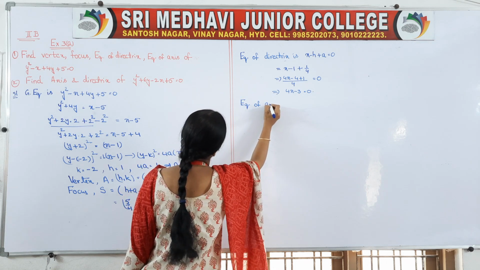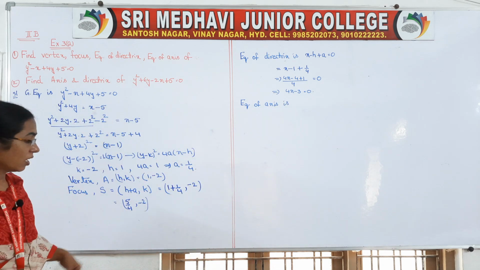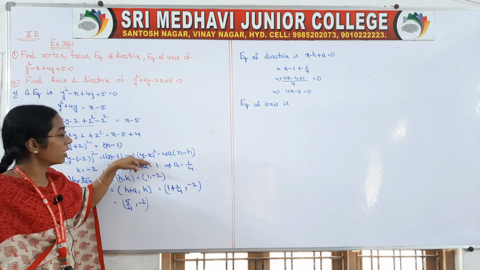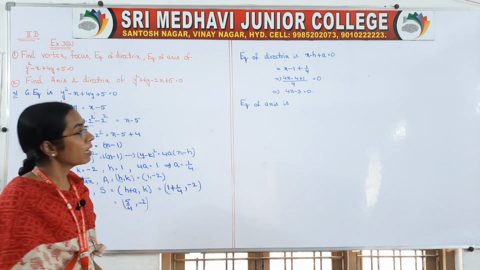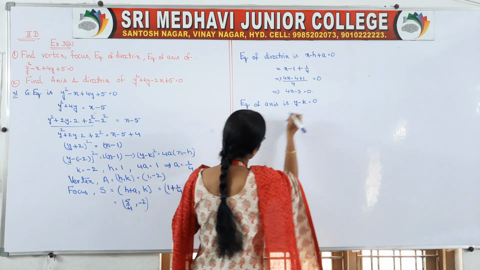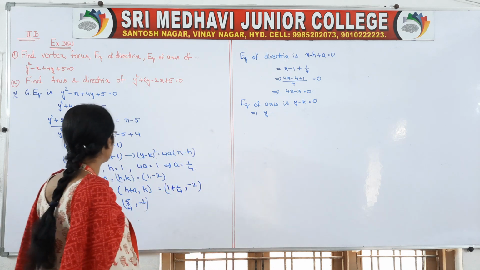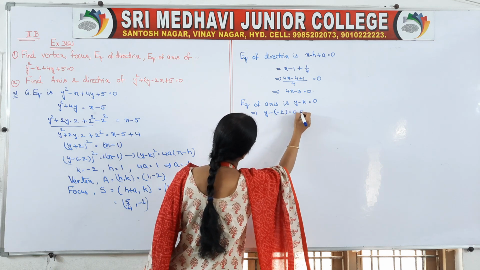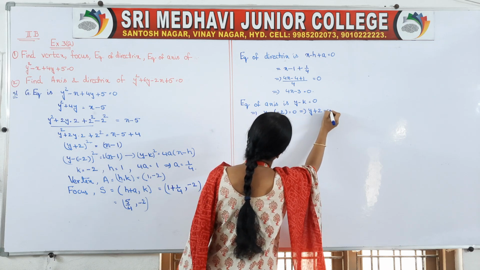So what I said, whenever the curve equation is like this, see the left side value. (y minus k) whole square means y minus k will be the axis of the parabola. So y minus k is equal to 0, implies y minus k, what is your k value? Minus 2, right? Equal to 0, implies minus of minus plus, so y plus 2 is equal to 0.